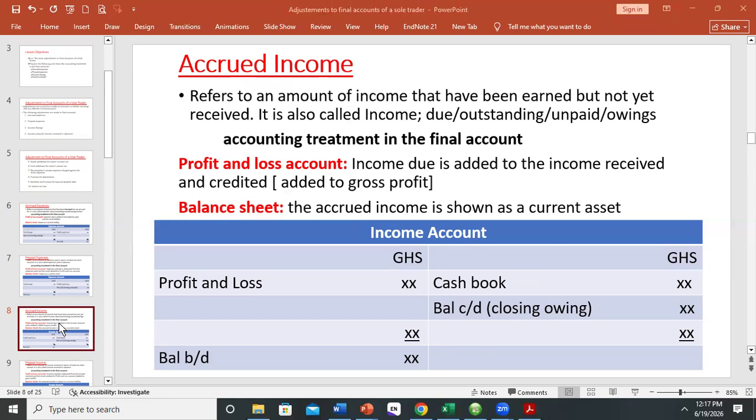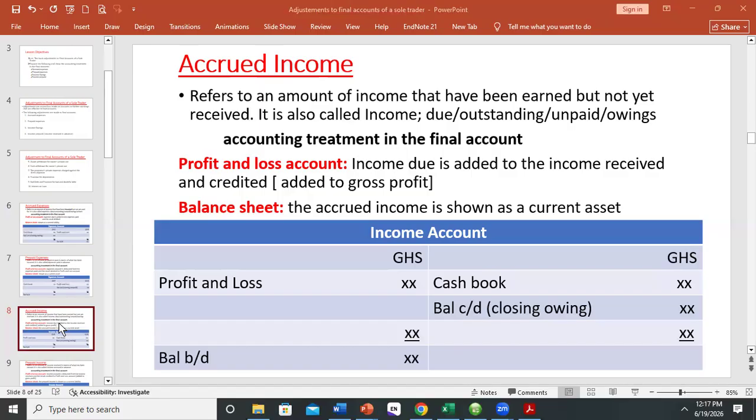Accounting treatment in the final account. Profit and loss account: income due is added to the income received and credited, added to gross profit. The balance sheet: the accrued income is shown as a current asset.